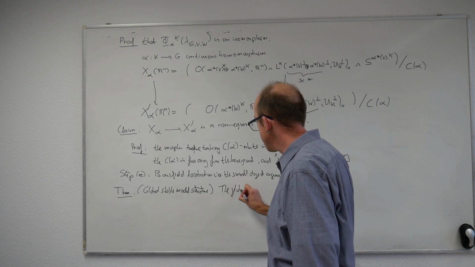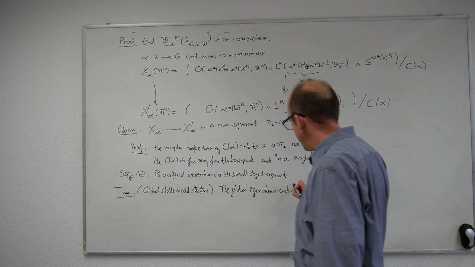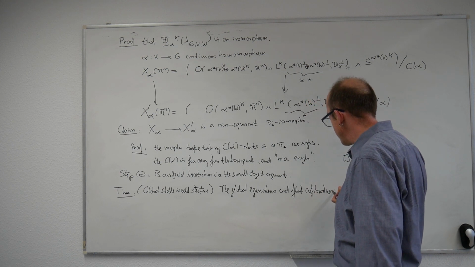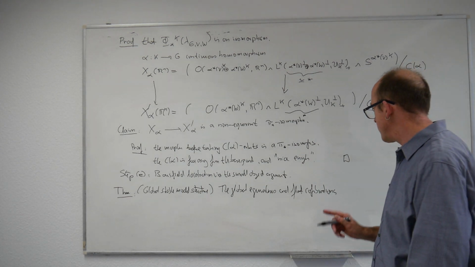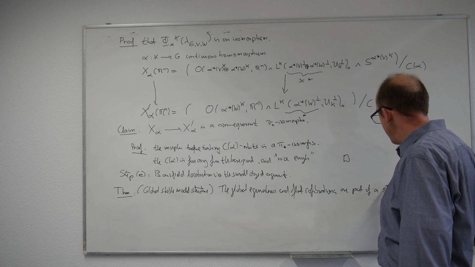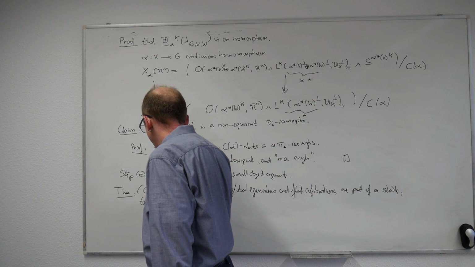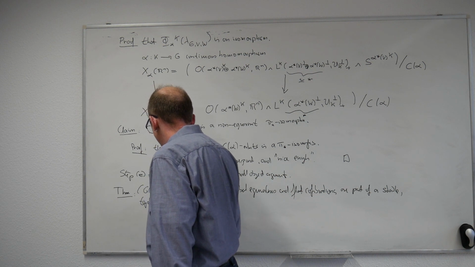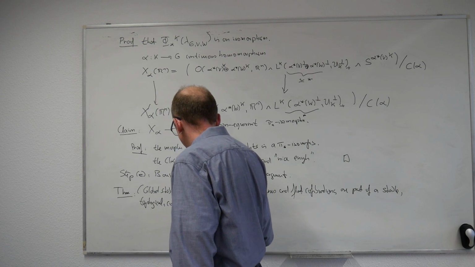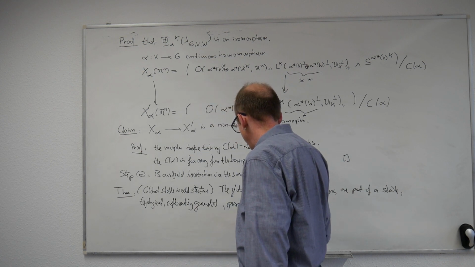The global equivalences and flat cofibrations, in other words the cofibrations in the strong level model structure that we discussed in detail a little bit earlier, are part of a stable, topological, cofibrantly generated, proper model structure on the category of orthogonal spectra.